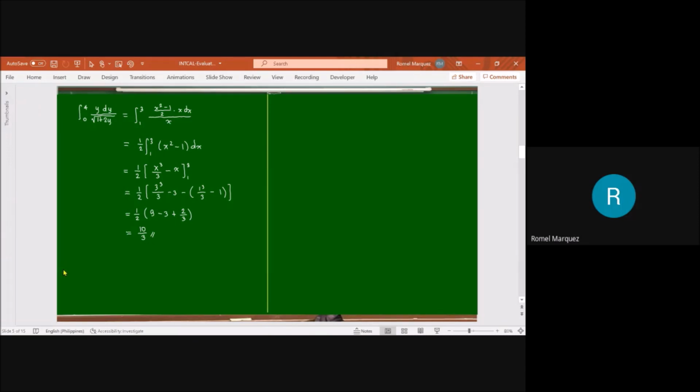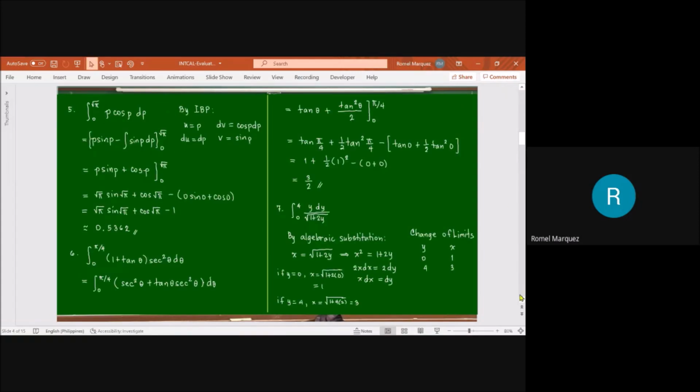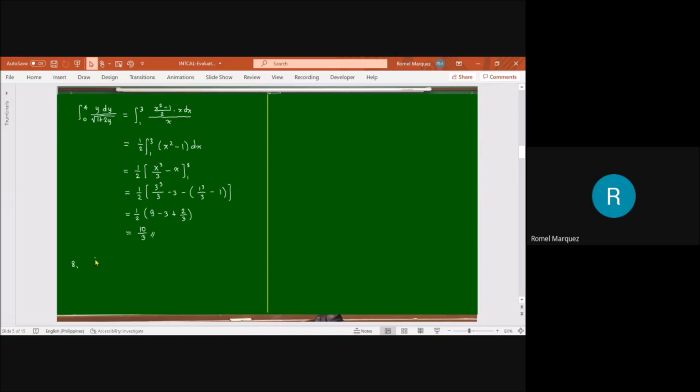So let's have another one here. Number 8. Is it 8? Okay, number 8. Integral from 0 to ln 6.